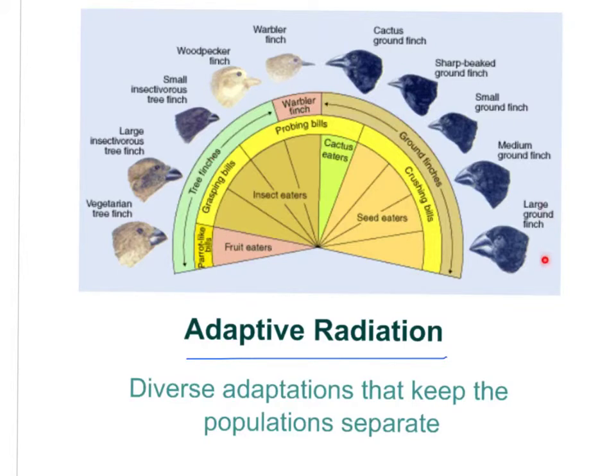Each of these are adapted for their particular environment, for their particular ecology and their diet. And these diverse adaptations keep these populations separate. That is called adaptive radiation. The finches have adapted to different food sources and different nesting sites on the Galapagos Islands.